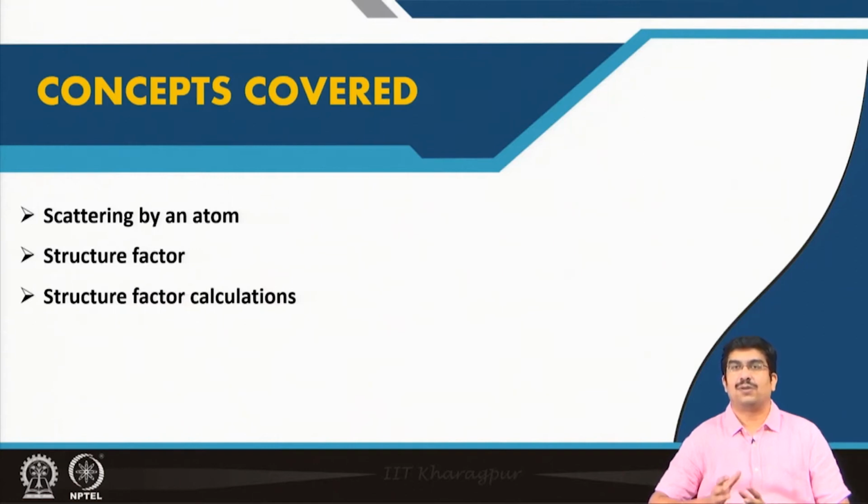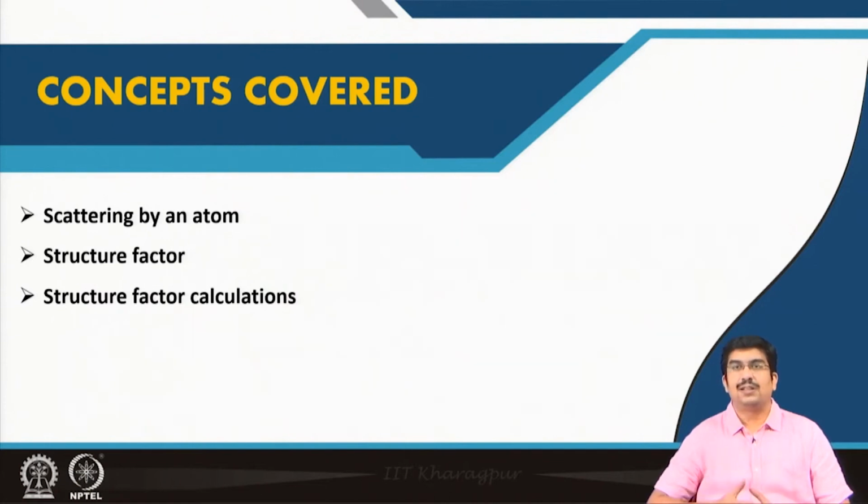One is the Thomson effect, one is the Compton effect, and we just considered the Thomson effect because that is what is important for calculation of diffracted intensity ultimately, but Compton modified radiation was also important. We discussed how it modifies the background and so on, and from there, after the electron, we considered the intensity of the diffracted beam coming out of an individual atom.